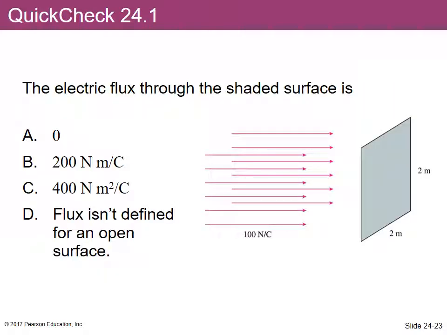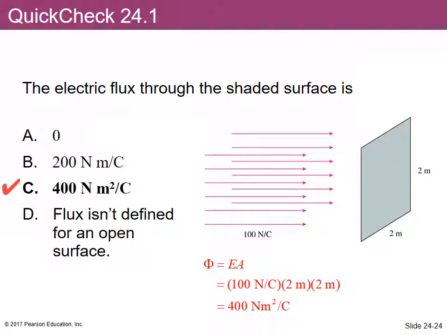The electric flux through the shaded surface is... the answer is C, 400 newton meters squared per coulomb. We're multiplying the electric field by the area of the surface.